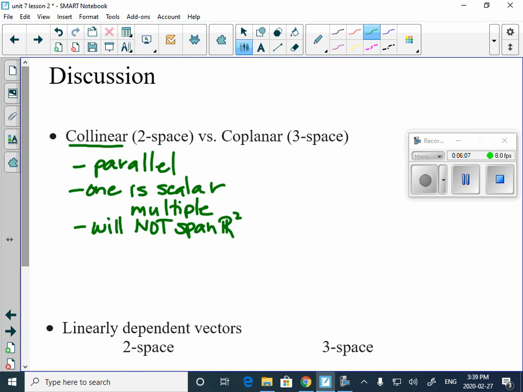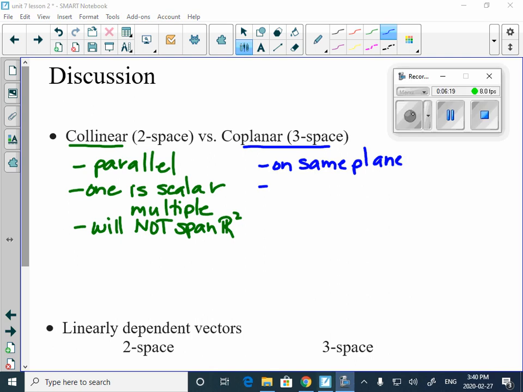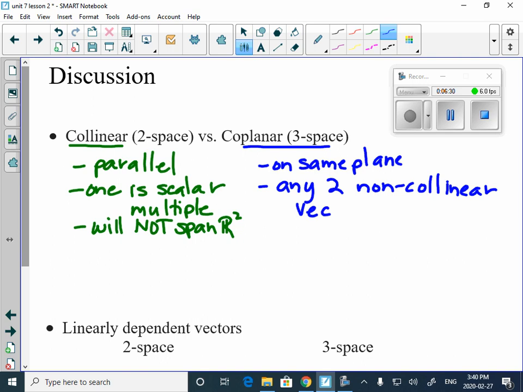If you have vectors that are coplanar in 3-space, that means they are on the same plane. Any two non-collinear, non-parallel vectors in 3-space span a plane.